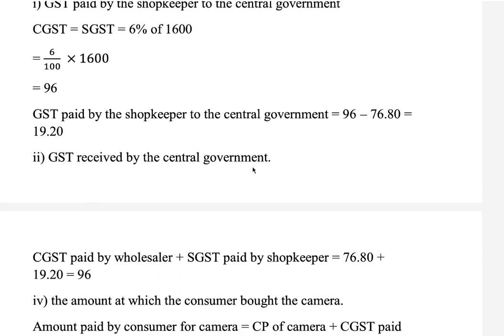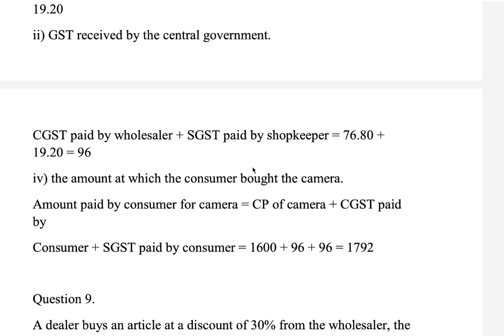The GST received by the central government, that is CGST paid by the wholesaler plus CGST paid by the shopkeeper, is 76.80 plus 19.20, that comes to 96 rupees.